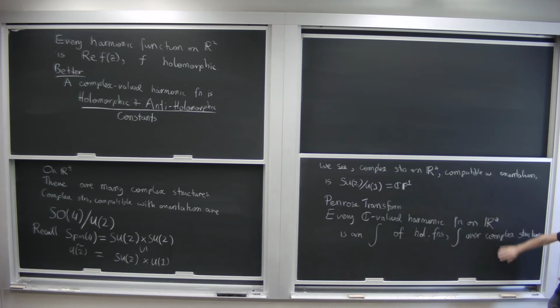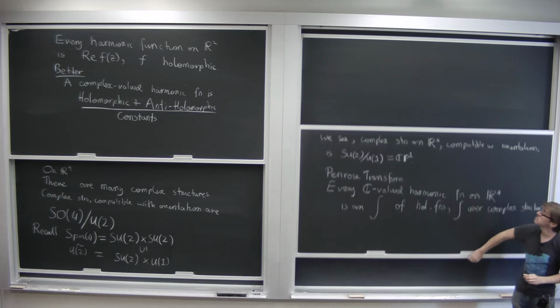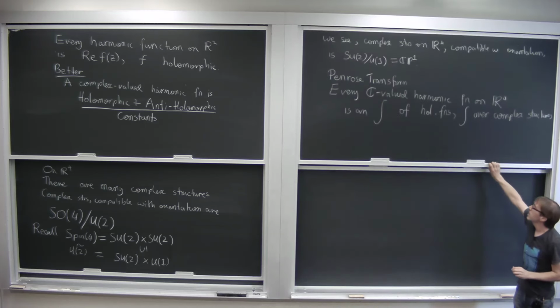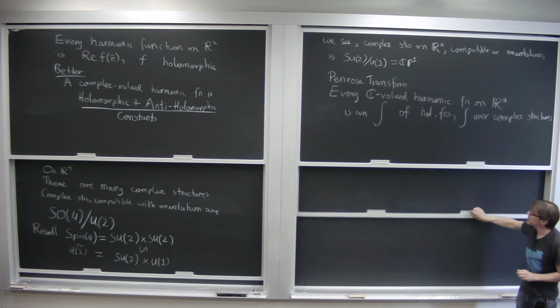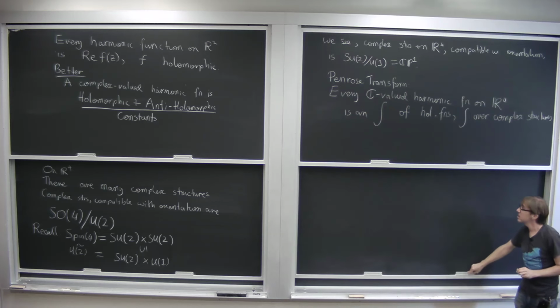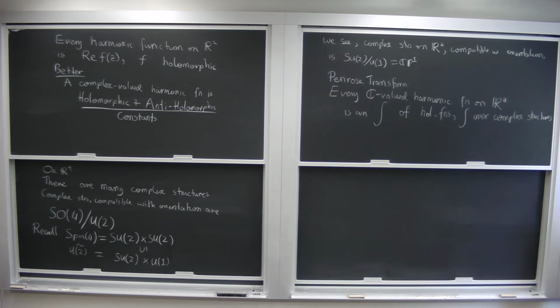So this is the statement we're going to aim for. But to make sense of this, we have to introduce a complex manifold called Twistor space. So any questions so far?